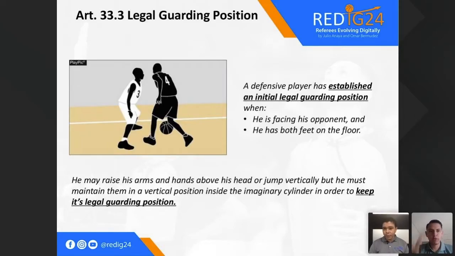Moving to the legal guarding position, the rules say that if a defensive player has established an initial legal guarding position, facing his opponent with both feet on the floor, he may raise his arms and hands above his head and jump vertically, but he must maintain them in a vertical position inside the imaginary cylinder in order to keep his legal guarding position.